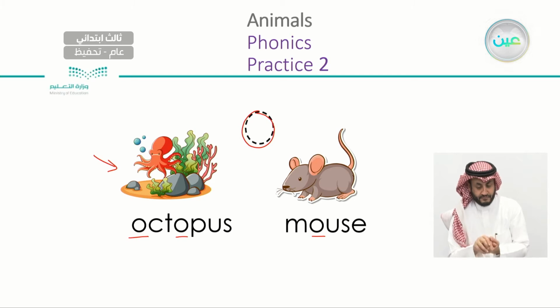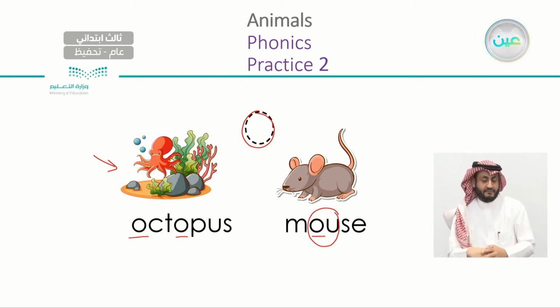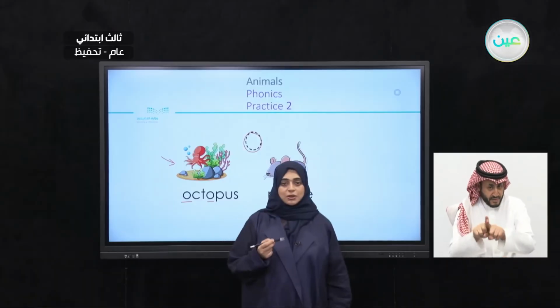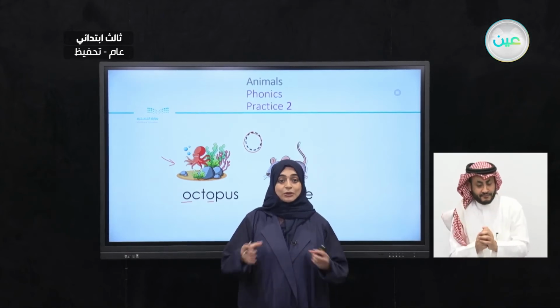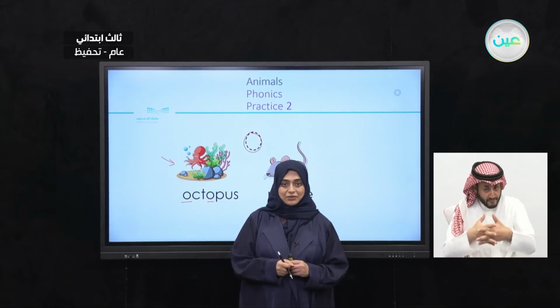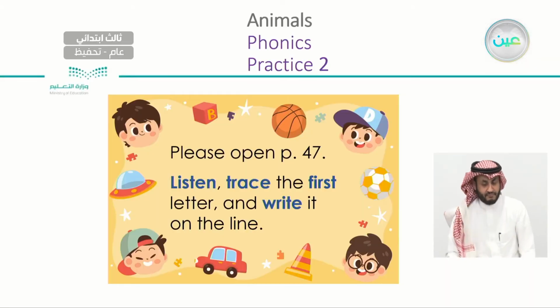Now the O and the U made one sound. Ow. So what are we learning here? Yes, we put letters together and they make different sounds. Okay? And that's it for a warm-up, boys and girls. Let's open page 47 together.